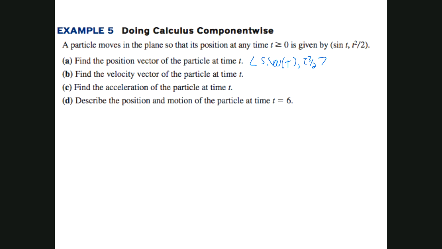So that's going to be cosine of t, and then 2t over 2, wouldn't that just be t? Because the 2's are going to cross out there, I think. And then find the acceleration of the particle. Okay, well, that's my next derivative. So that's going to be negative sine of t and 1.